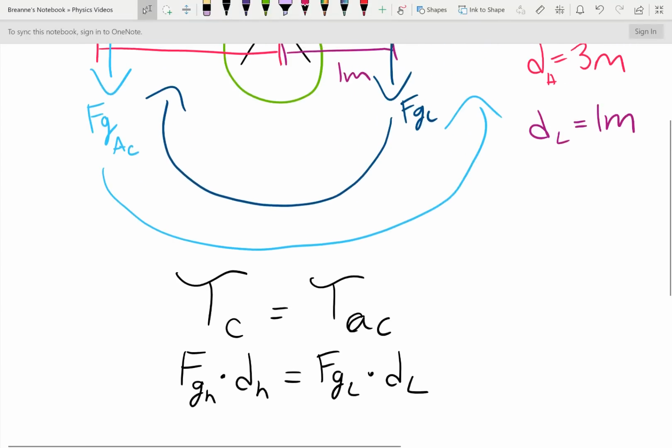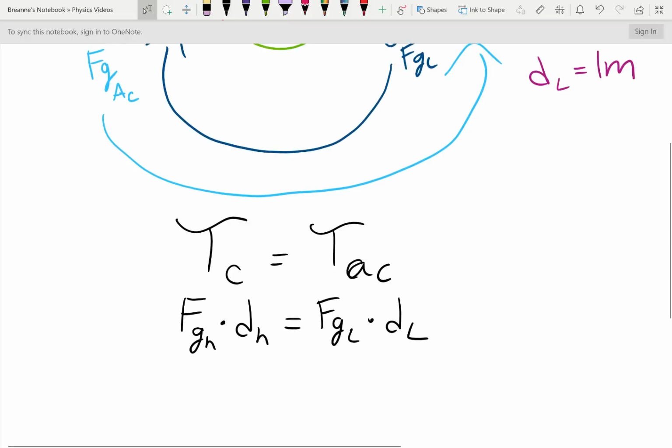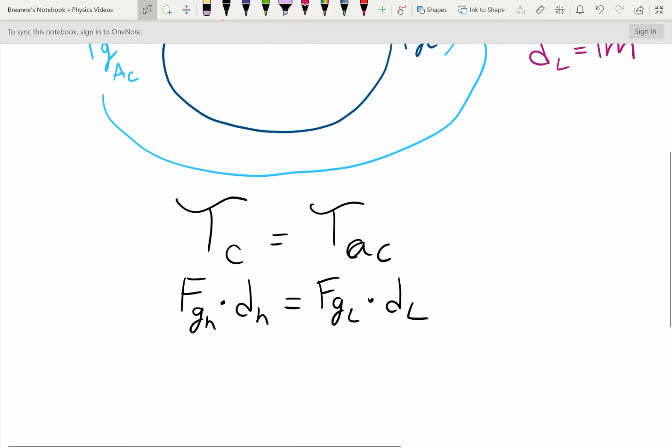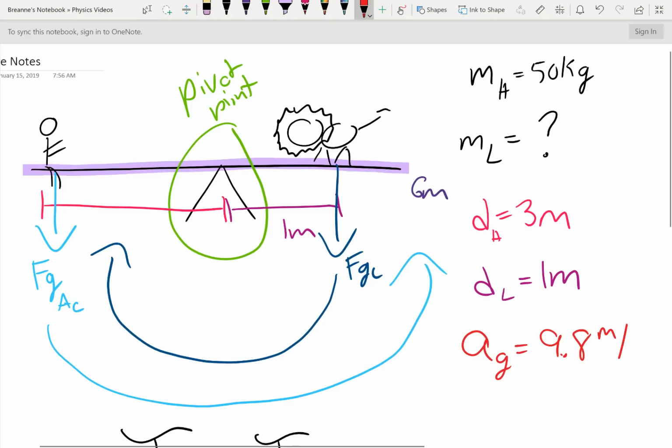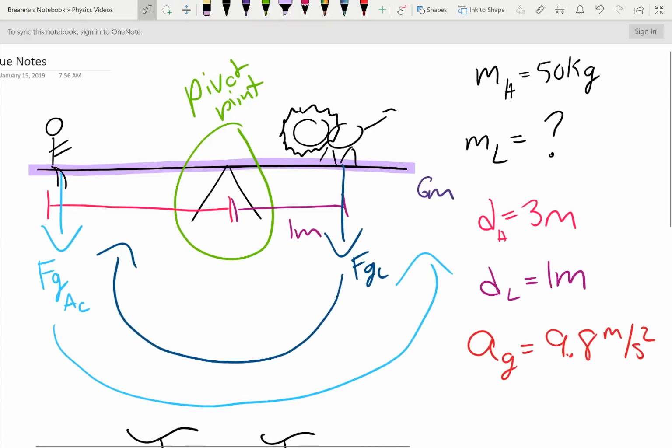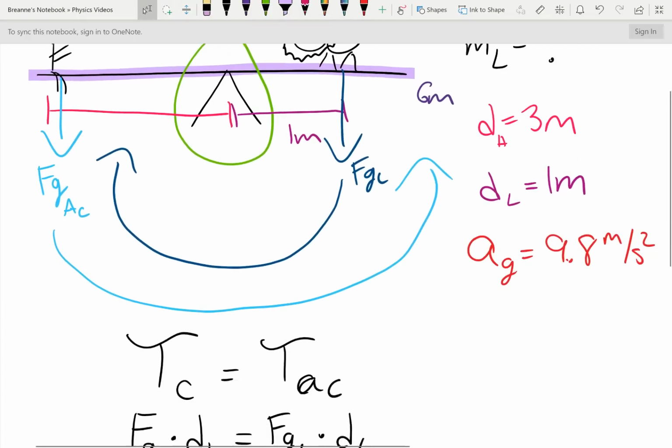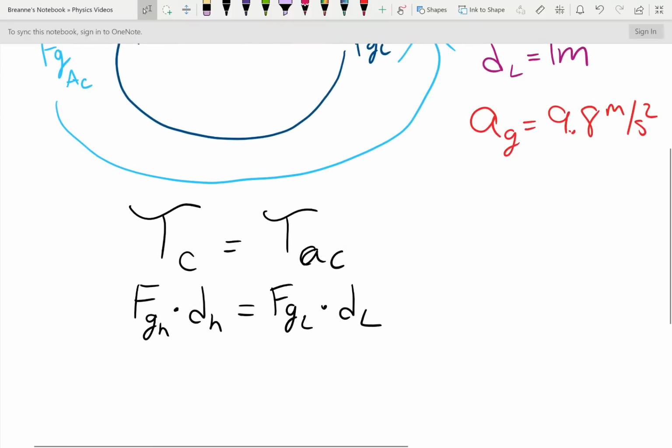So we have that, but we don't know what our gravitational force is. We have mass, though. And then what do we always have? We have the acceleration due to gravity, 9.8 meters per second squared. So we can find our force of gravity of Hannah. Our mass was 50 times 9.8.